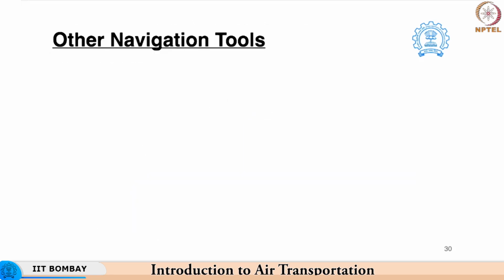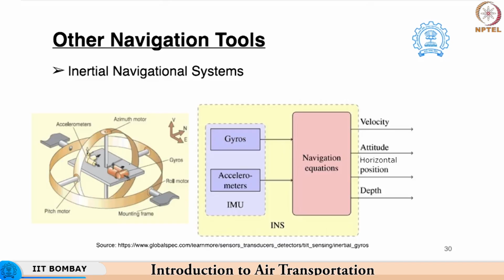Apart from DME, there are many other navigation tools that are used to carry out navigation. First and foremost is the inertial navigation system. These types of navigation systems came into the picture when there was a requirement to carry out navigation on a transatlantic flight.